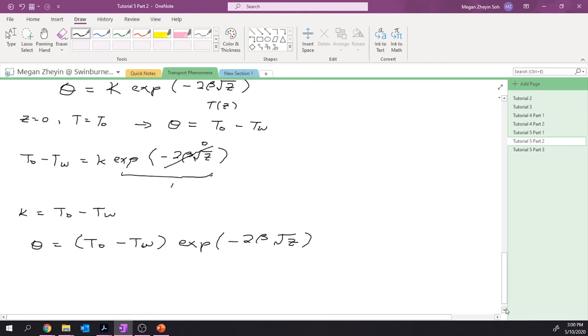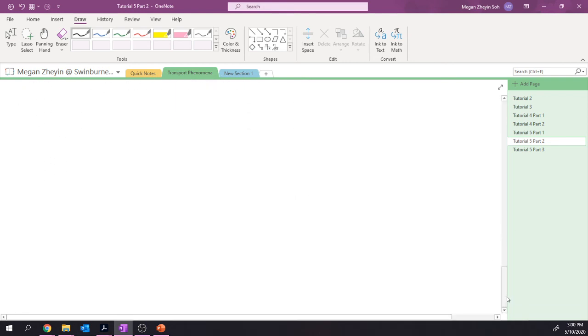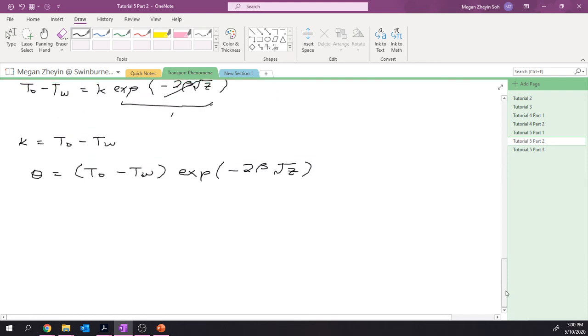So T(z) minus Tw equals To minus Tw times exponent of negative 2 beta square root of z.